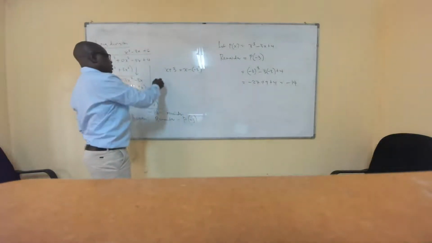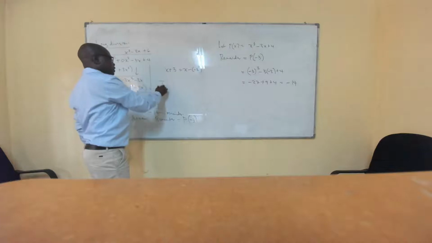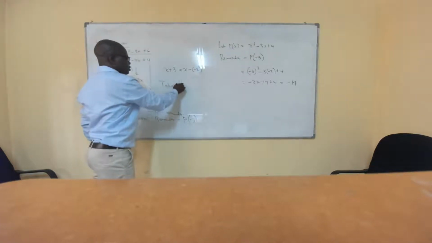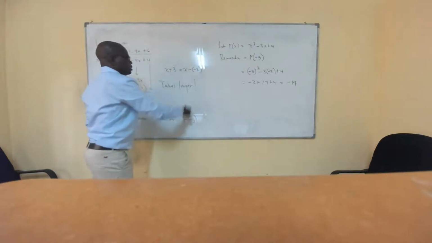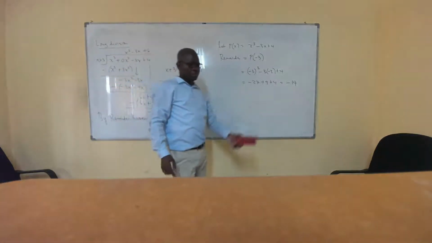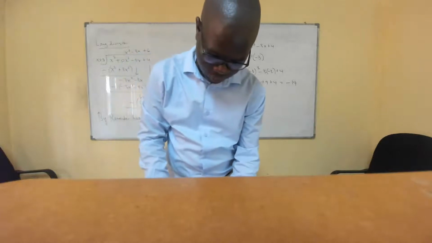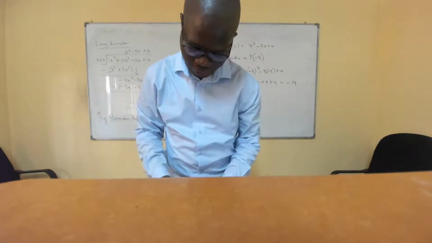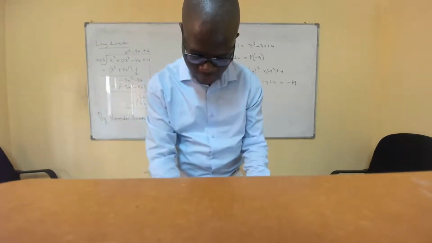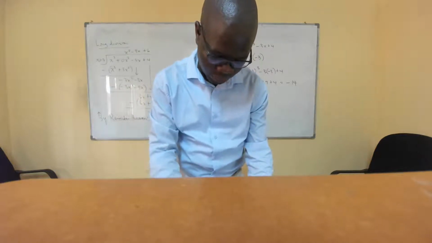So the long division is wasting time. It takes longer than this. So the remainder theorem is important. It's a very important result that we can invoke each time we are faced with this problem.